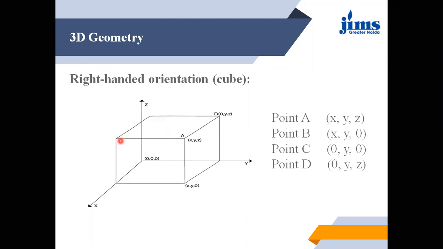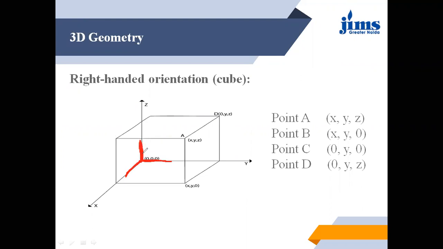This is a cube. First, I want to tell you about the axes. This is the y-axis, this is the x-axis, and there is an axis perpendicular to these. You can understand from here that this z-axis is perpendicular to this.